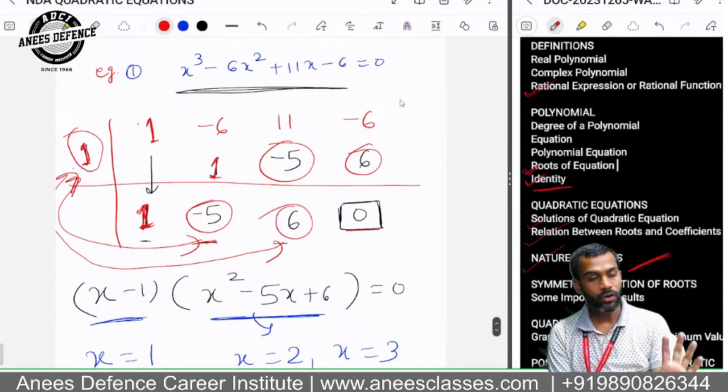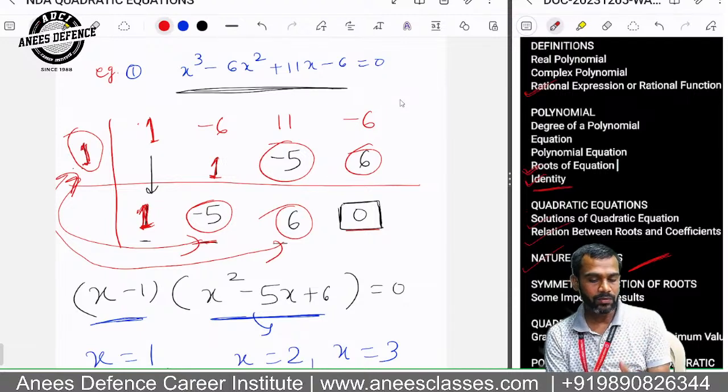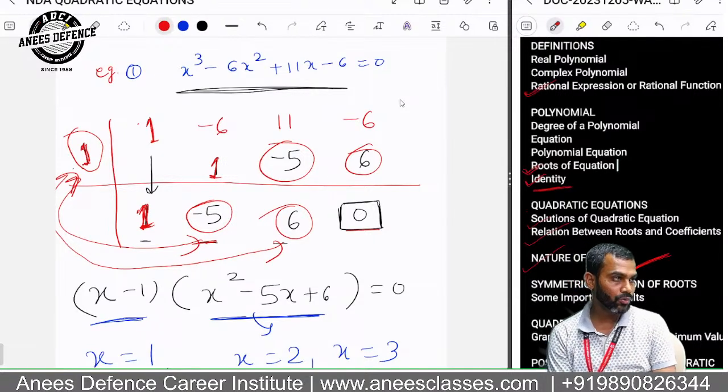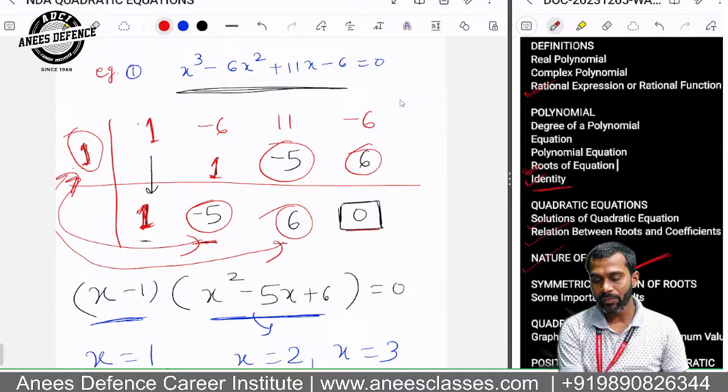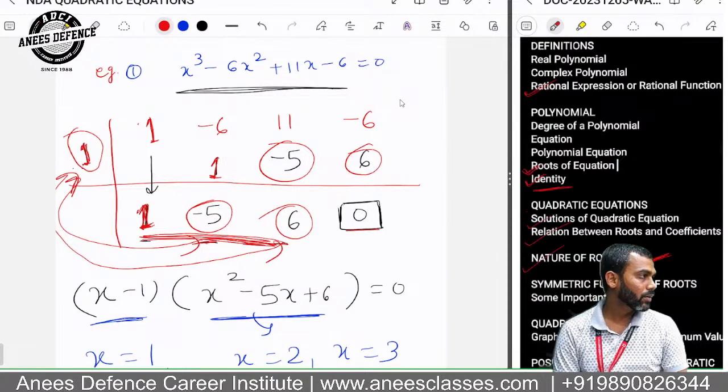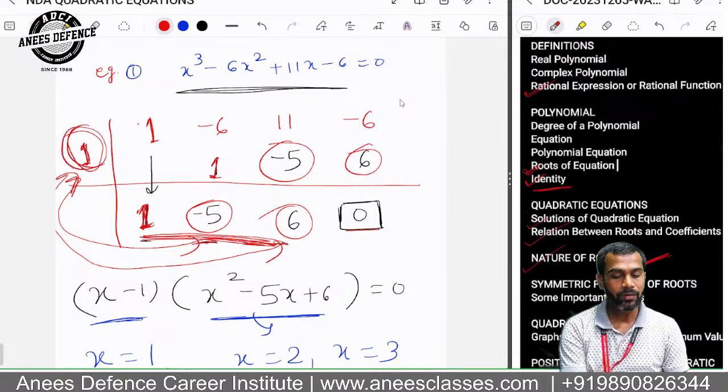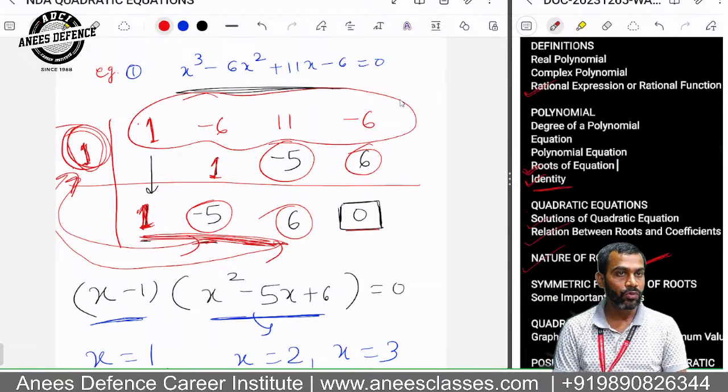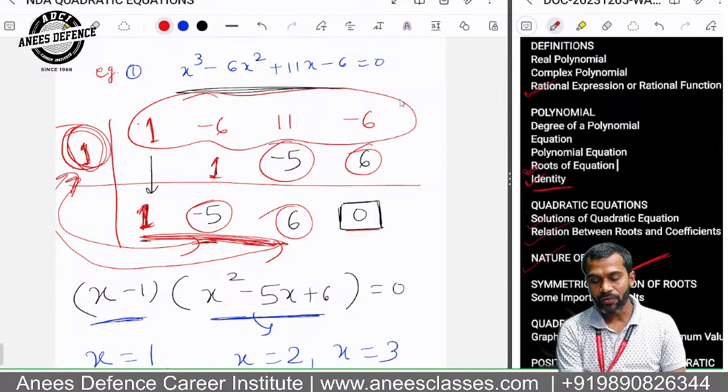Now see, since this is the shortcut of polynomial division, these numbers basically represent the quotient. And this is nothing but the divisor, and this is nothing but the dividend.